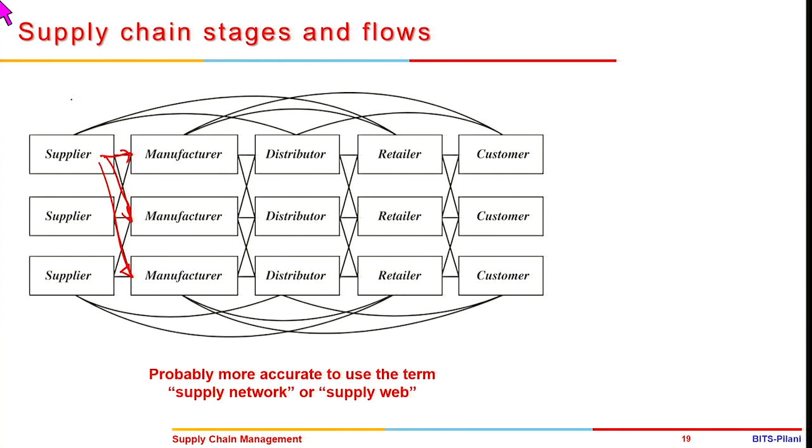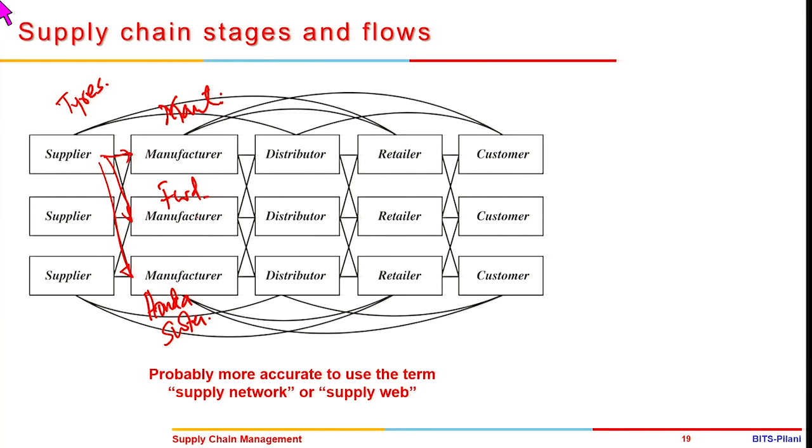Suppose there is a supplier of tires, which is a manufacturer of tires. It will supply its tires to Maruti, and it will also supply to Ford. Ford and Maruti are competitors, and this tire manufacturer may also supply to Honda scooters.